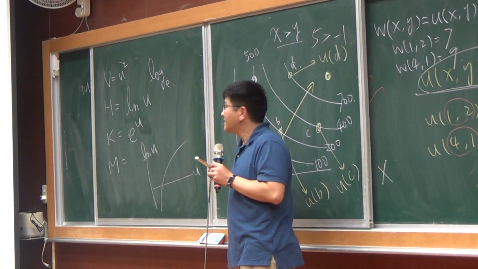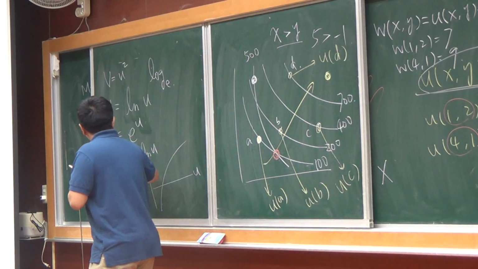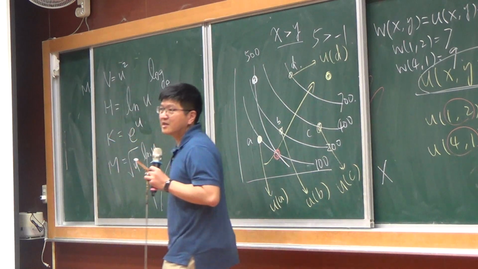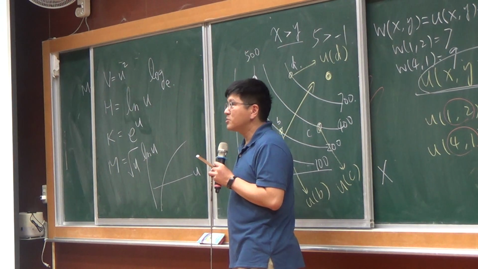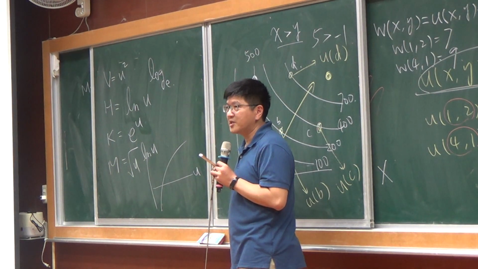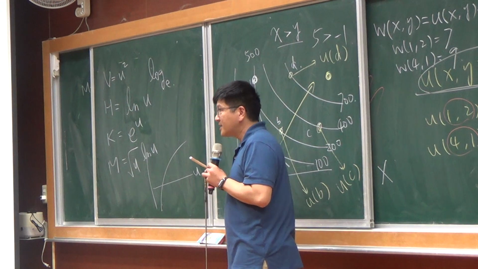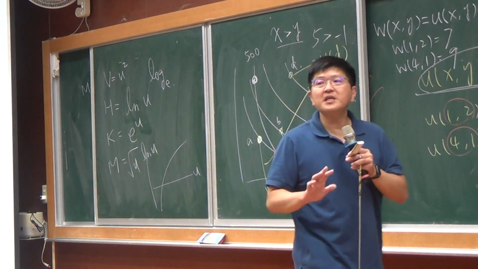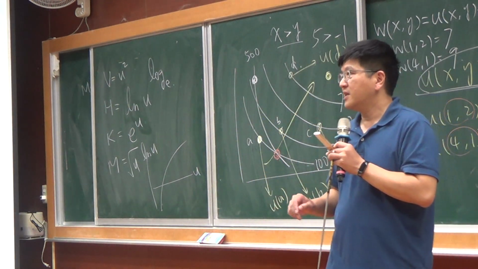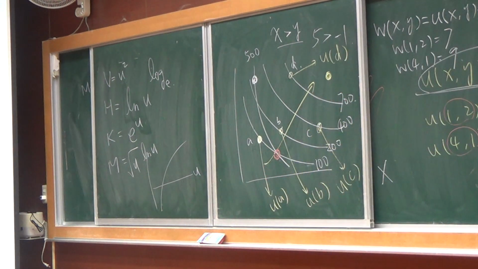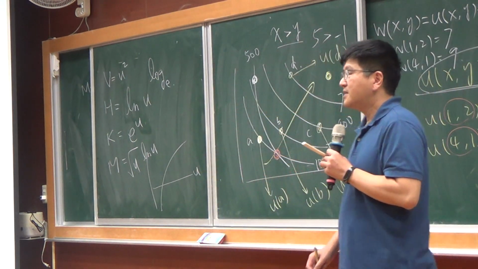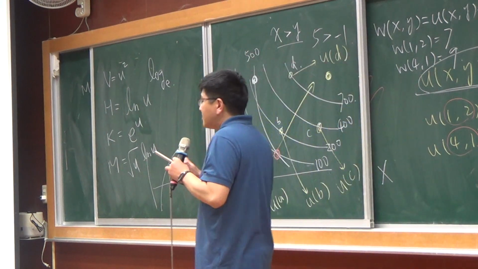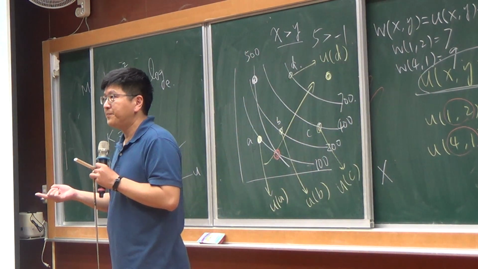Or make it simpler, square root of U. They are all positive monotonic transformations. Okay? So you may have millions of utility functions capturing the same relation here. Is that clear? But we don't need that many, we just need one.